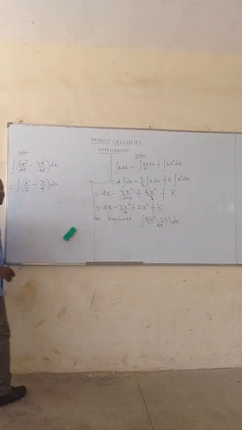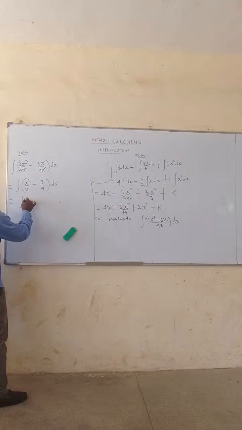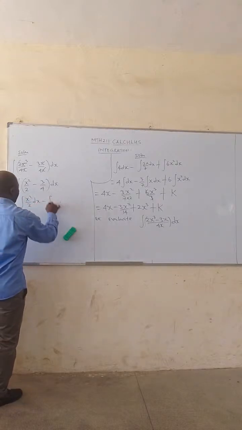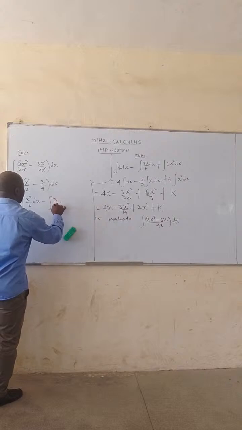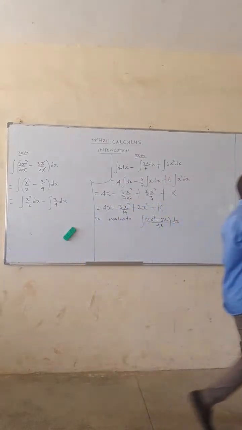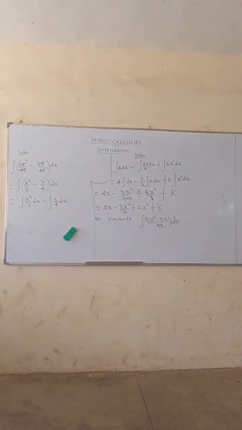So this is the same thing as the integral of x squared all over 2 dx minus the integral of 3 all over 4 dx.